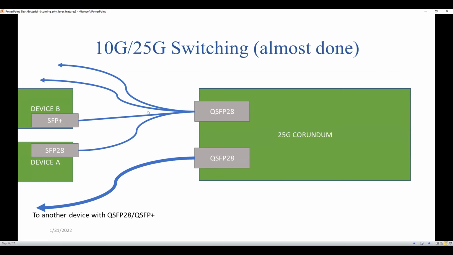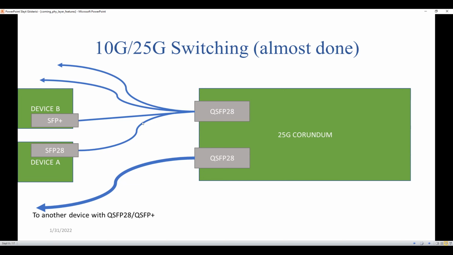And Alex's idea was that we want to have 25G and 10G working on the same quad. As you know, for FPGA boards, they might have one QSFP28 for one quad.